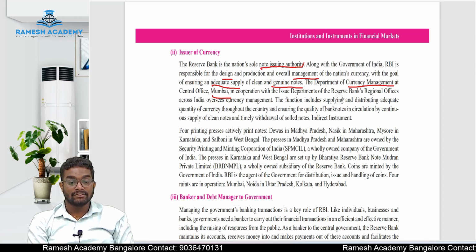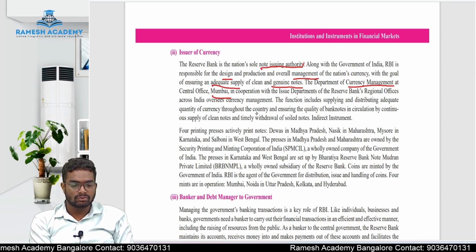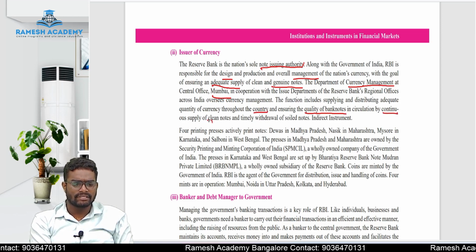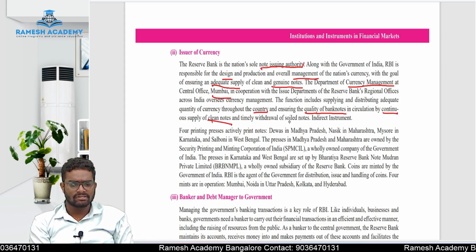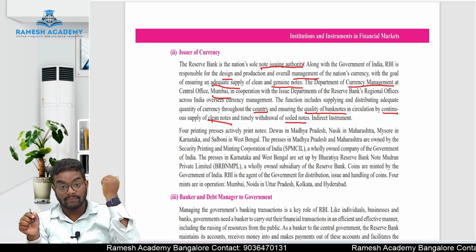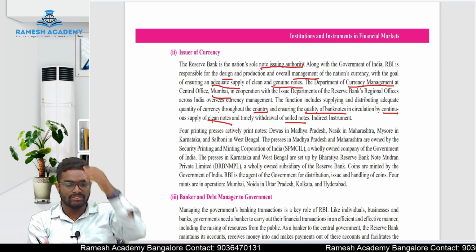This function includes supplying and distributing an adequate quantity of currency throughout the country and ensuring the quality of banknotes in circulation by continuous supply of clean notes and timely withdrawal of soiled notes. So it will be issuing new notes and taking back the soiled notes, which means the damaged notes.